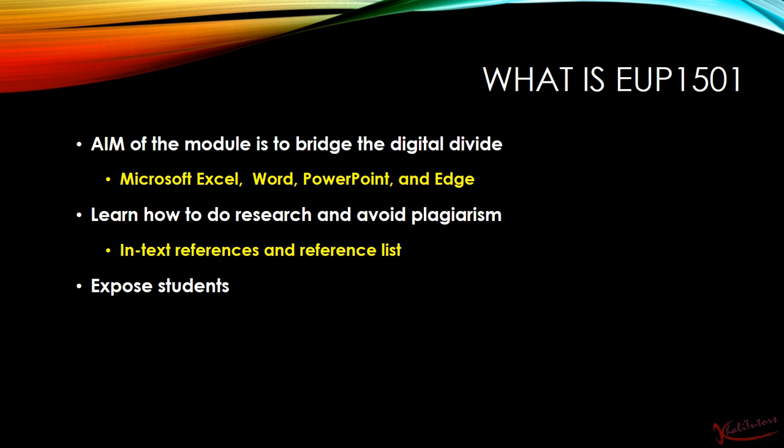You will learn how to do research and avoid plagiarism. So when you're doing your research, you will use other people's work. So in this module, you learn how to do in-text referencing and also the reference list. This module exposes students to technologies that are commonly used in the workplace and in the academic space.